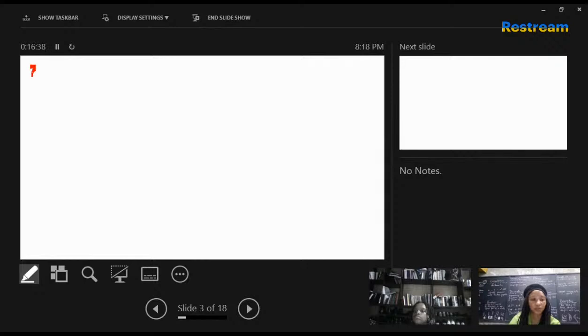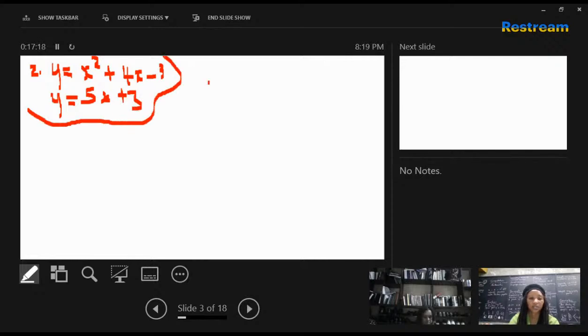Number 2: y is equal to x squared plus 4x minus 3, and y is equal to 5x plus 3. So these are our two equations.